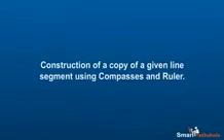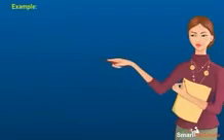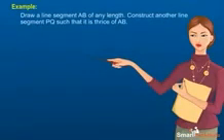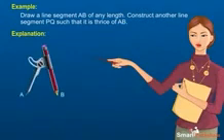Let us now learn to construct a copy of a given line segment using compasses and ruler. Example: draw a line segment AB of any length. Construct another line segment PQ such that it is thrice of AB. Explanation. Step 1. Fix the compasses pointer on A and the pencil end on B. Step 2.